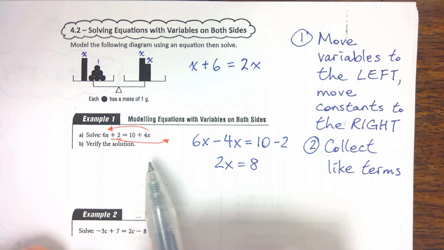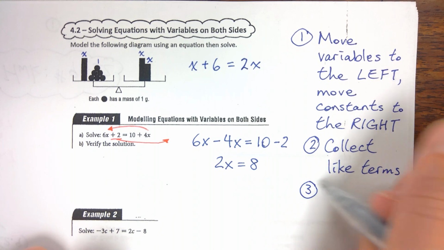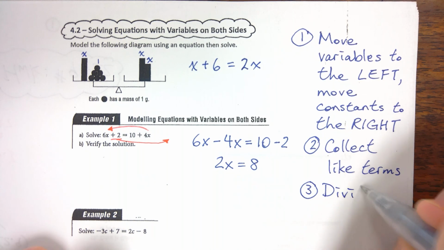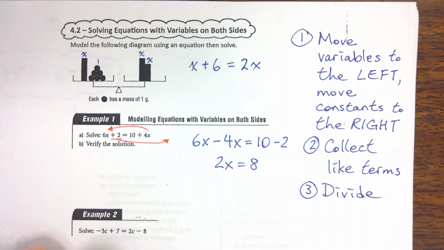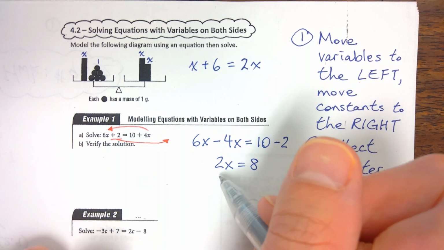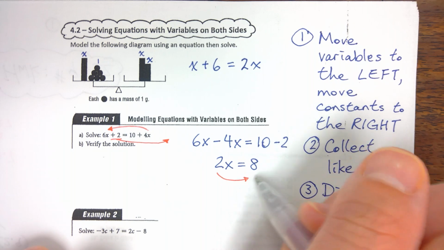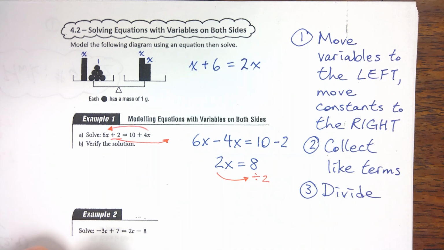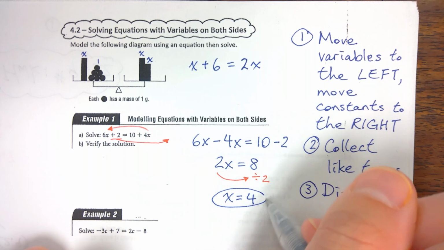Okay. And then the last step is always to just divide. Alright, so the 3 steps is all you need to solve equations with variables on both sides. So that by dividing, x equals 4.